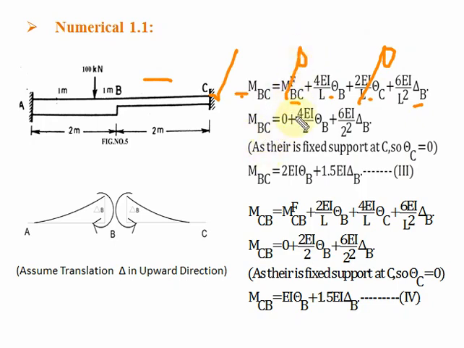So MBC is equal to 4 EI by 2 into theta B plus, now due to the translation in upward direction, moment will be generated due to translation, and that moment will be in an anticlockwise direction. So we have to take its sign positive. Magnitude is 6 EI by L square into delta B, L is 2 square, delta B is unknown. So we have MBC is equal to 2 EI theta B plus 1.5 EI delta B.